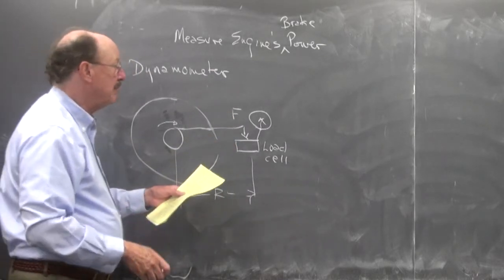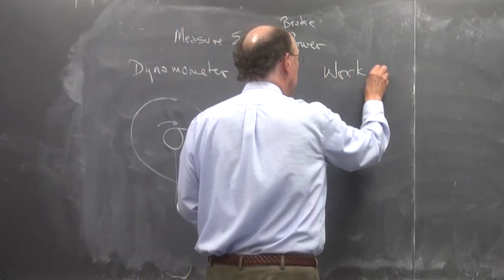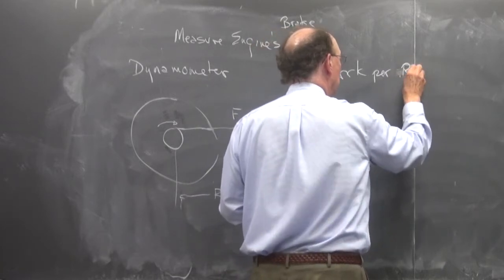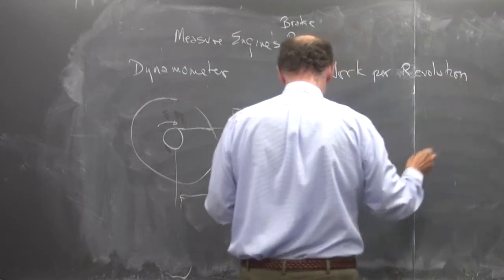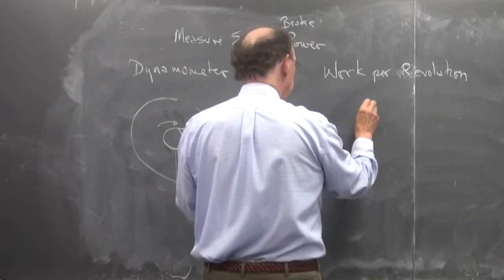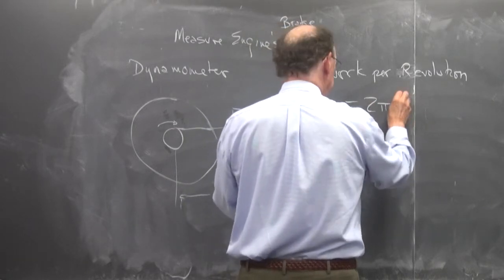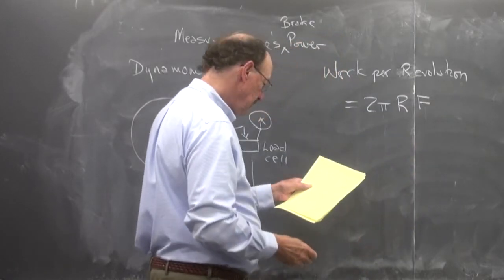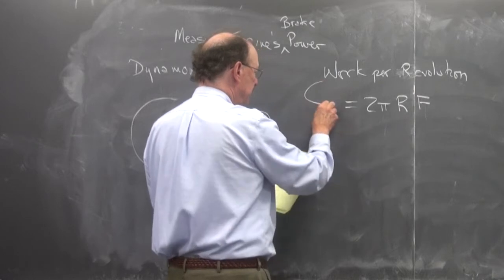So the work per revolution is equal to 2 pi RF. And N, so that's what this is.